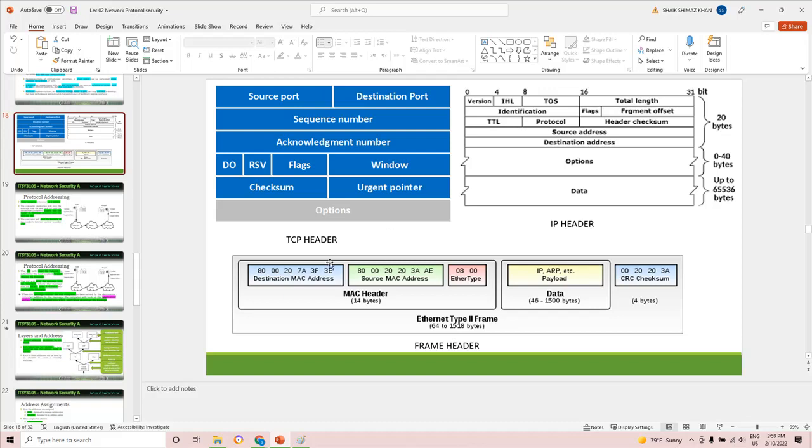Then once again, in the local area network, when a message has to reach a specific computer, you need the MAC address, the physical address of a machine. This is the MAC address, which is 48 bits.